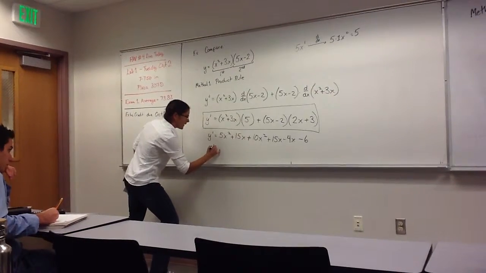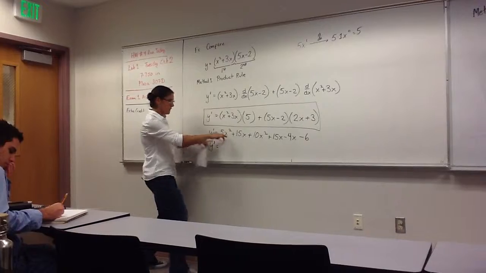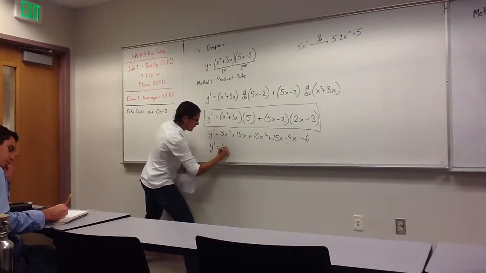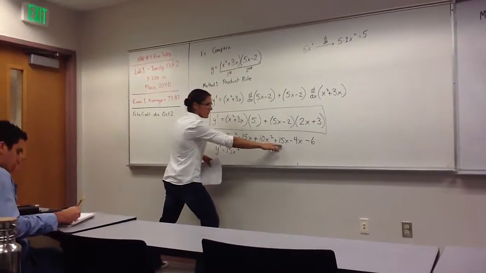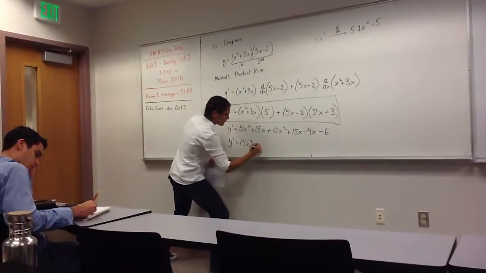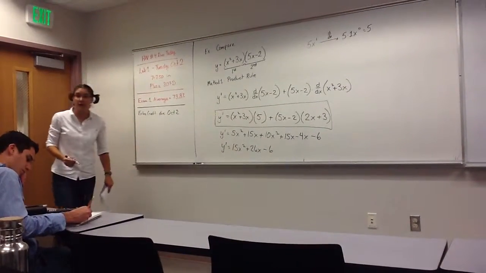And so looking at y prime, and combining some terms, we've got a total of 15x squared. And then we've got 30 x's minus 4 of them gives us 26 x's minus 6. And so they are in fact the same.